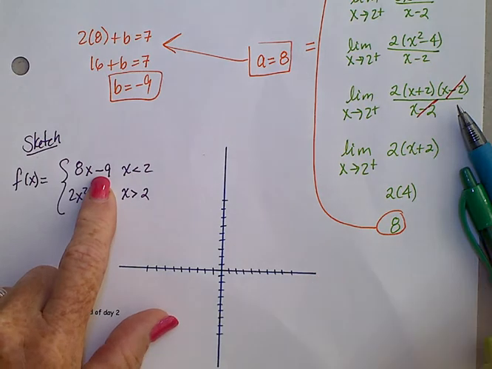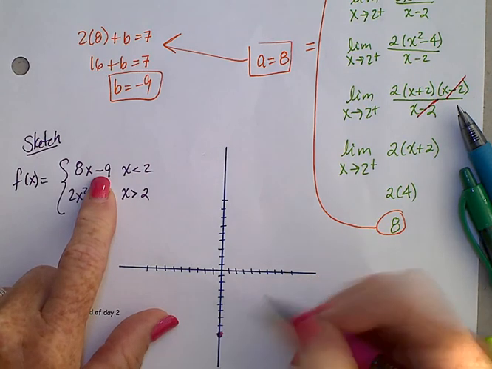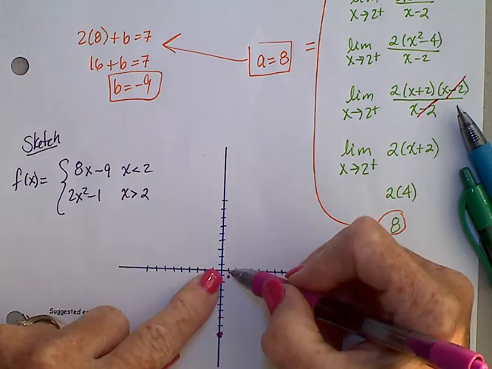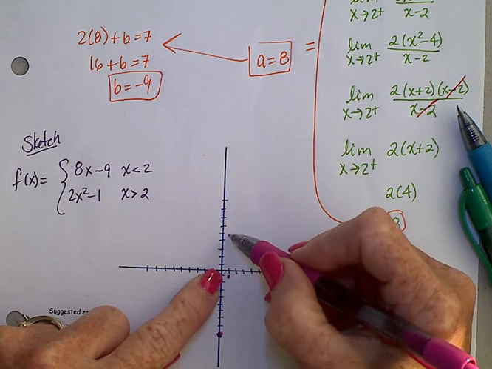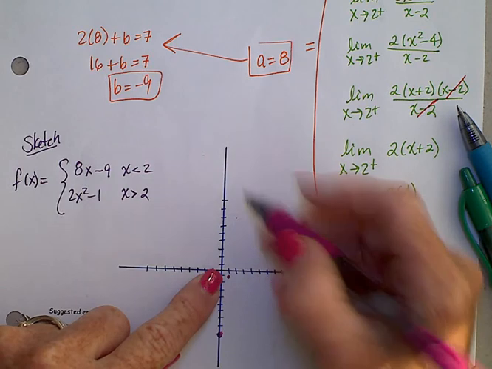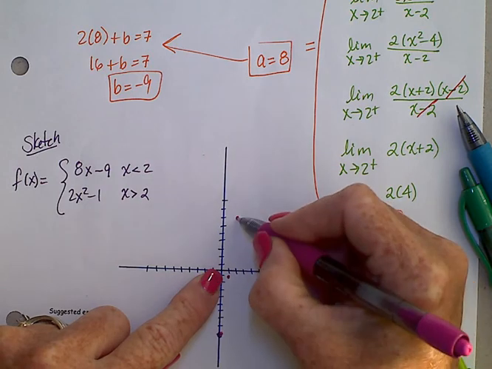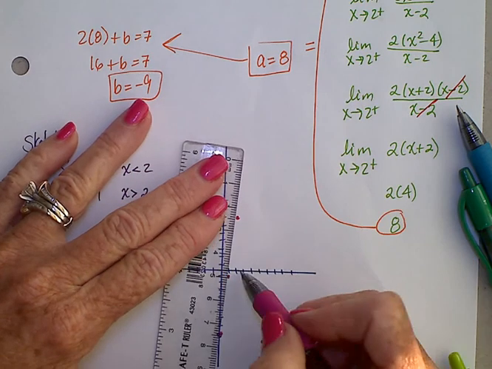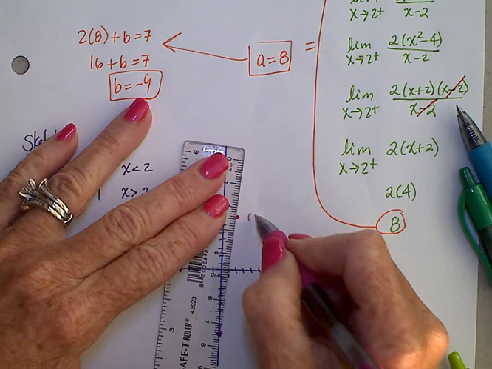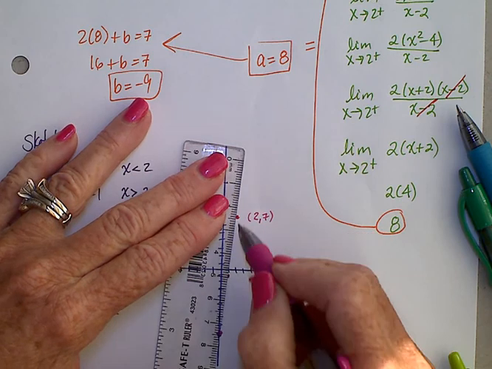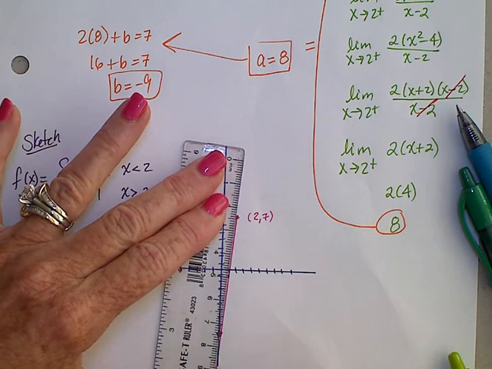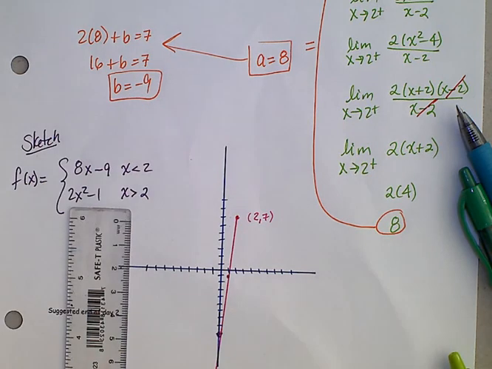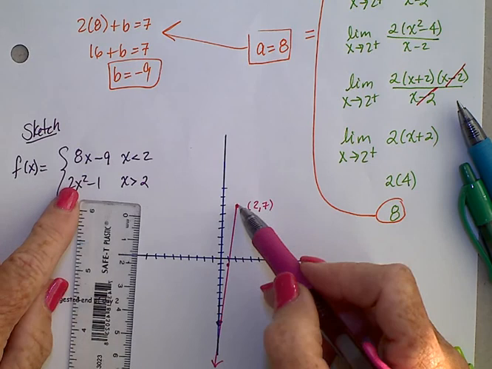The slope is 8, up 8 over 1, up 8. And I'm stopping it when x is 2, and that point is 2, 7. I did put a closed circle there because I know that the other piece is going to pick up right here.